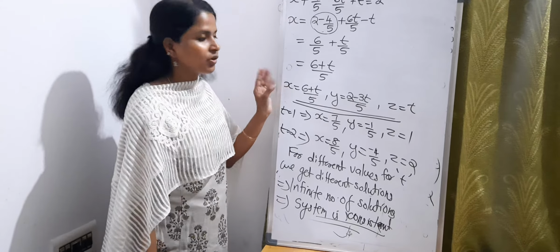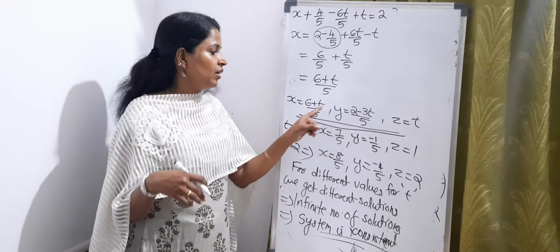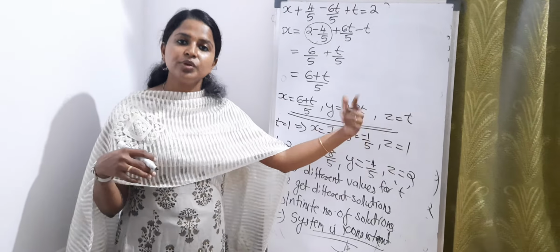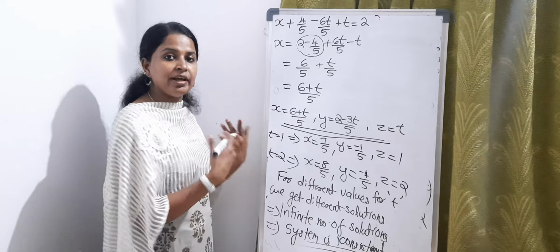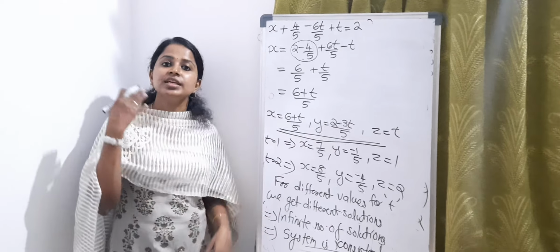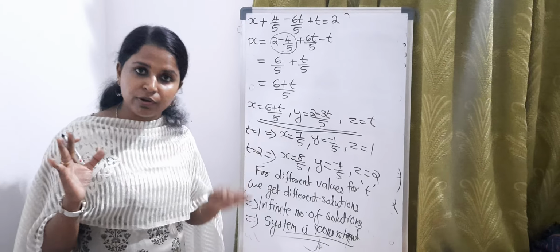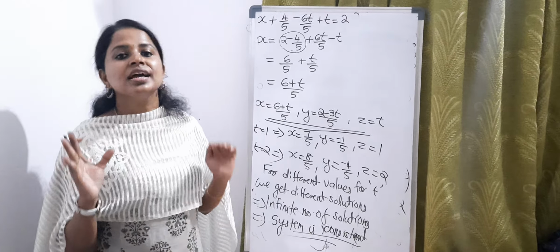That is, here x, y and z are all in terms of t. So we substitute different values for t, we get different sets of solutions. That is an infinite number of solutions. So the system has an infinite number of solutions and the system is consistent.